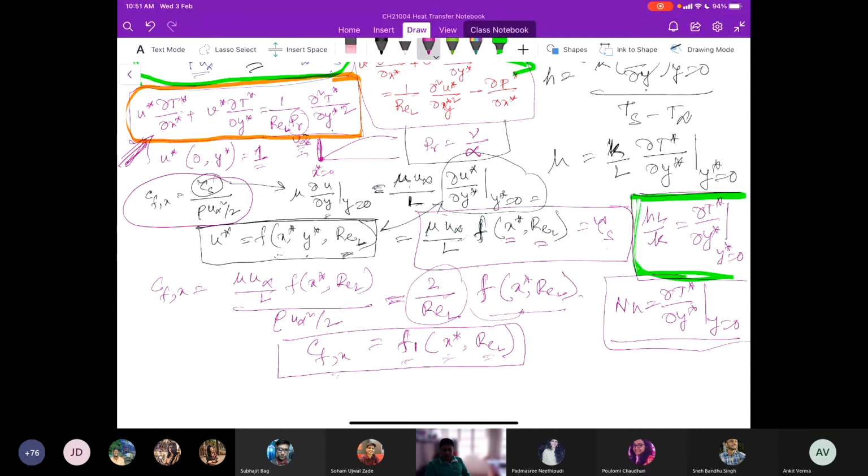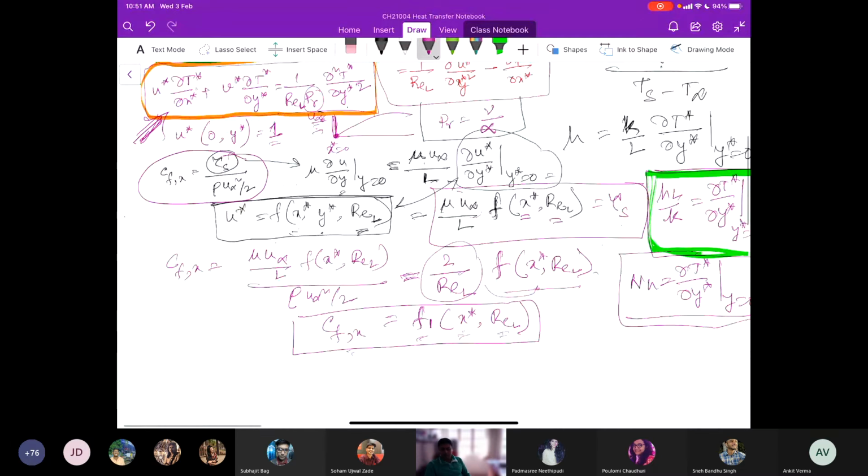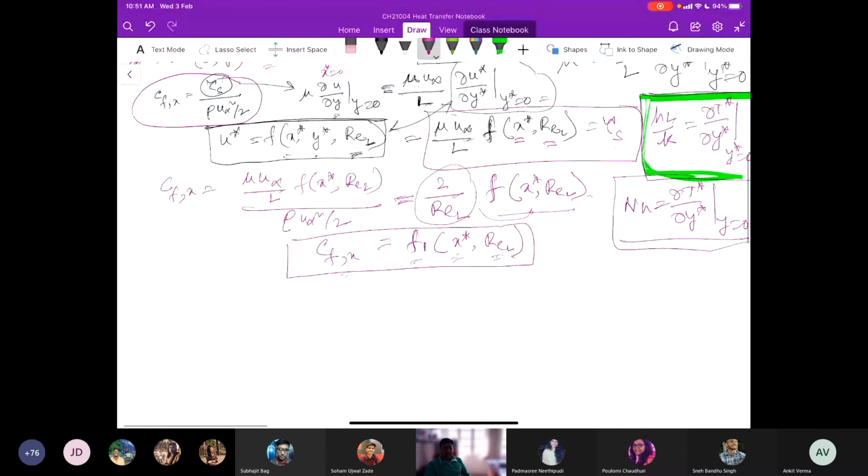This is how you physically understand the utility of the Nusselt number: it is essentially the non-dimensional temperature gradient at the wall. So it truly represents the dimensionless heat transfer coefficient.